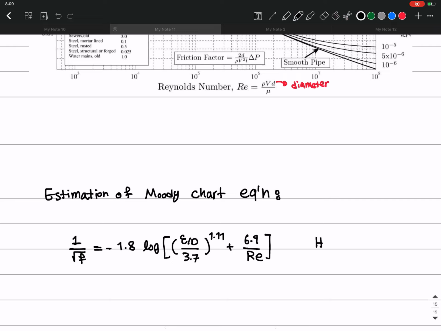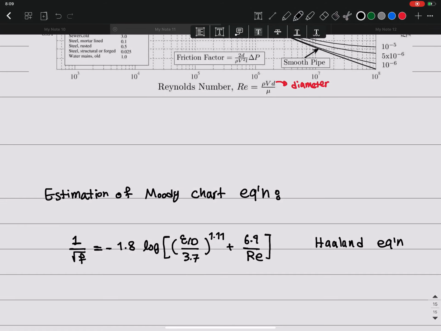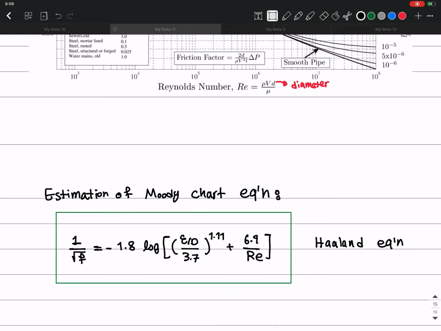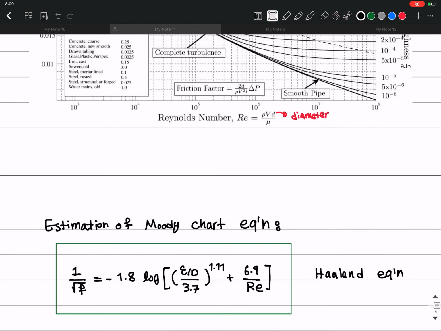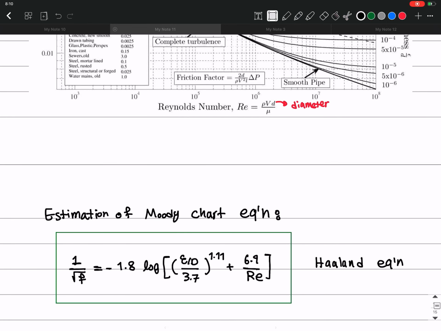So this is known as the Haaland equation. So if you ever hear it, this is also an important formula. You don't need to remember it, but you need to learn how to use it. So please try to use both of them in your homework, both this Moody diagram and this Haaland equation, to be comfortable with them later on.